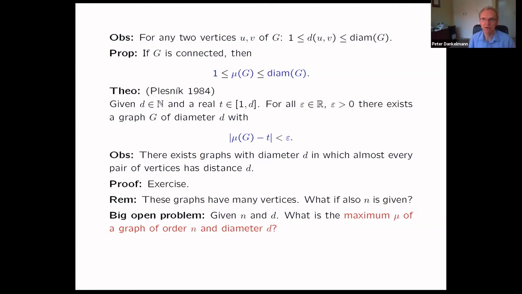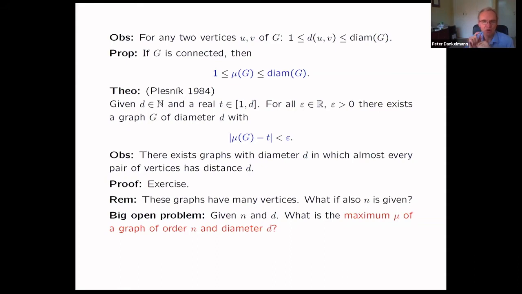So in other words, if you pick a pair of vertices randomly in your graph, you can safely bet that their distance is equal to d. So almost all distances are equal to d. So it's fun to play around with that. But these graphs usually have a very large number of vertices.